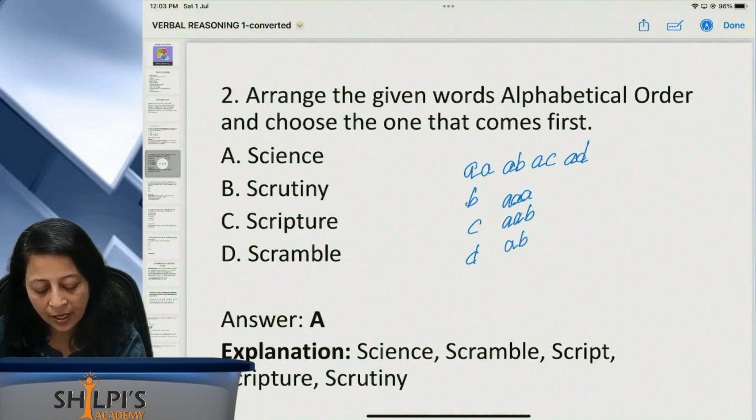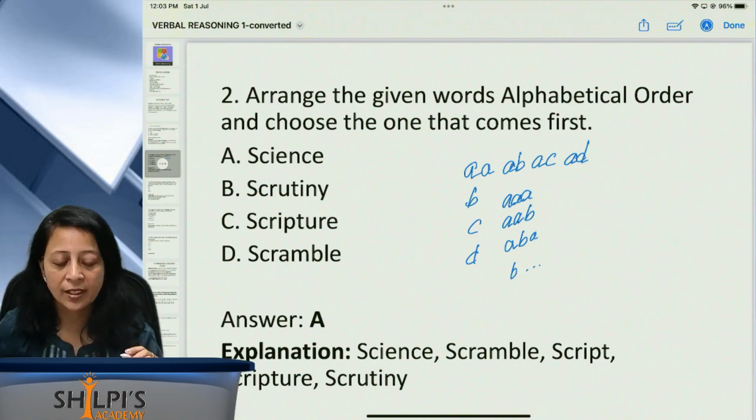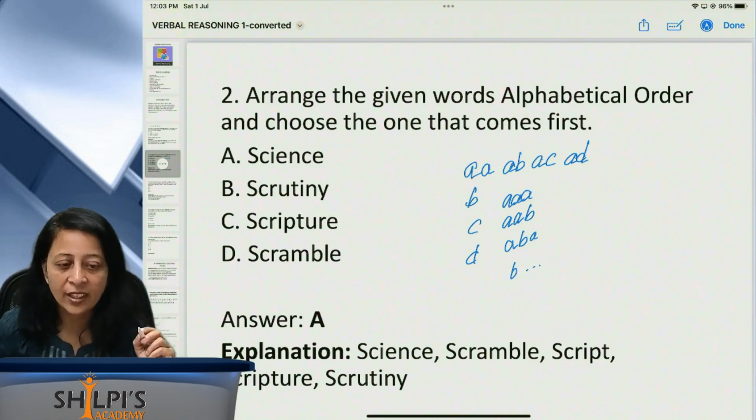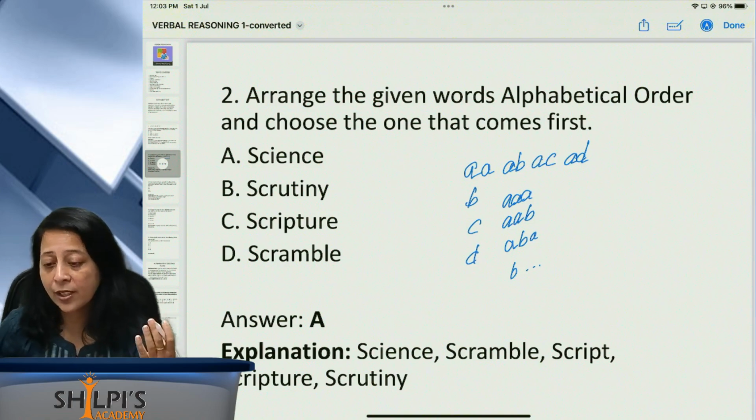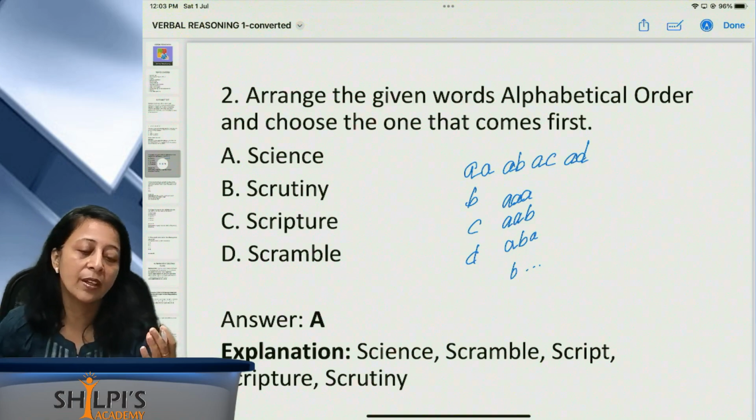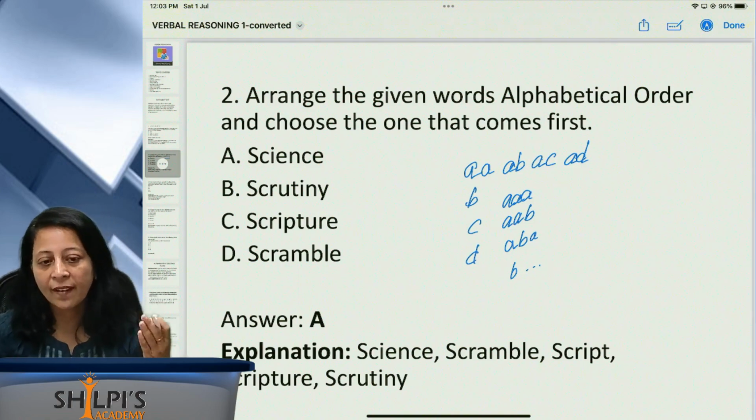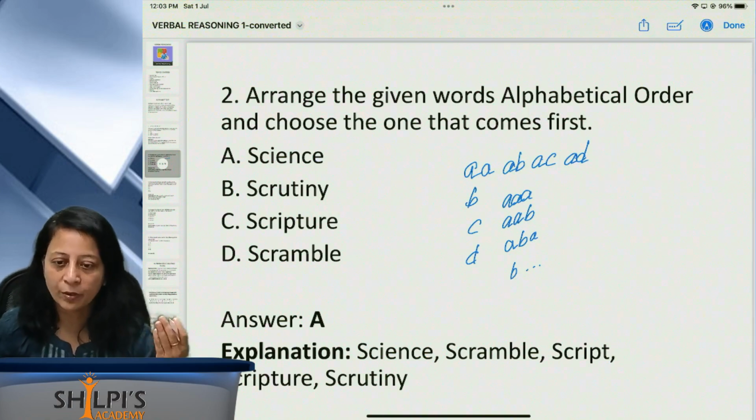Then comes ABA, then comes starting with B. So likewise you have to see this when you are arranging in alphabetical order. This alphabetical order is the one we have seen every day in dictionaries. There they have arranged promptly in alphabetical order.